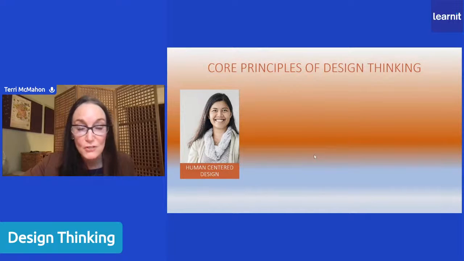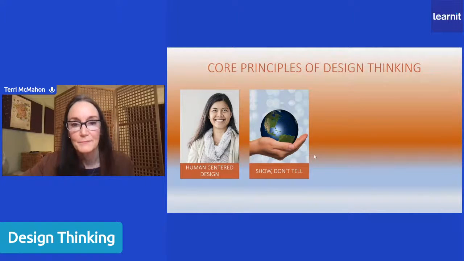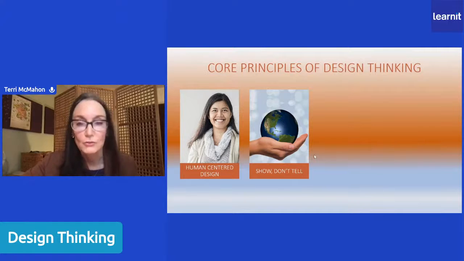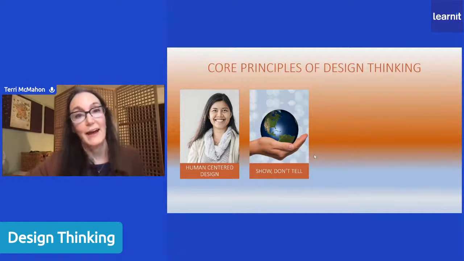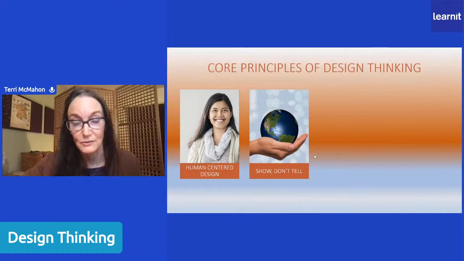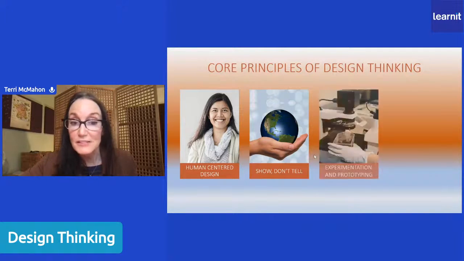Good. Number two on this slide, you show, you don't tell. At many points in the design thinking process, you need to go from talking to action. Sometimes that could be very difficult. You have to show and not tell. Then number three, you need to experiment. You need to take those ideas and figure out, how do I experiment?